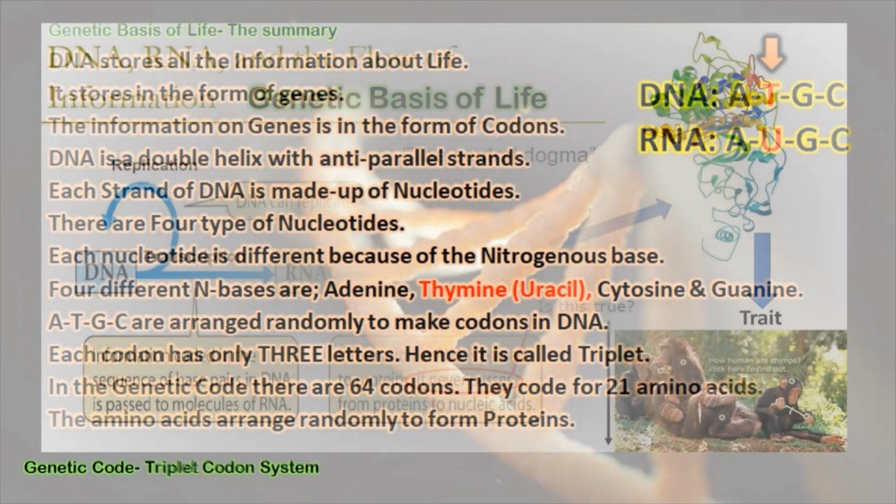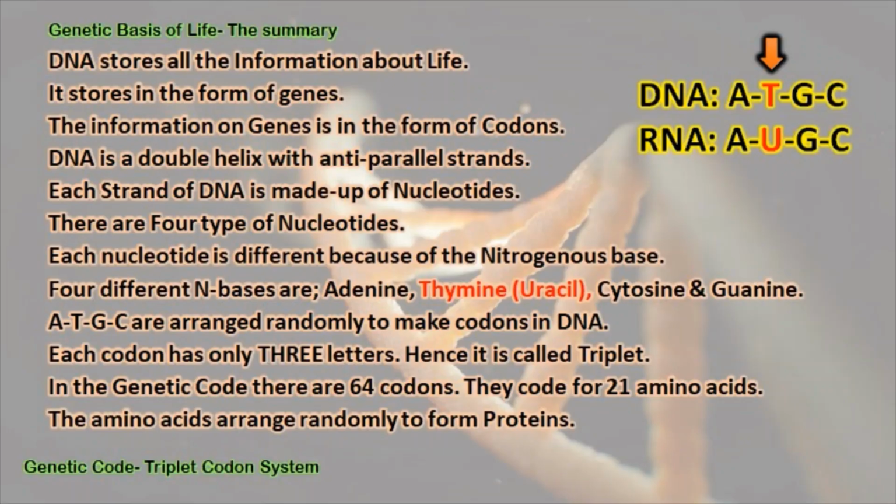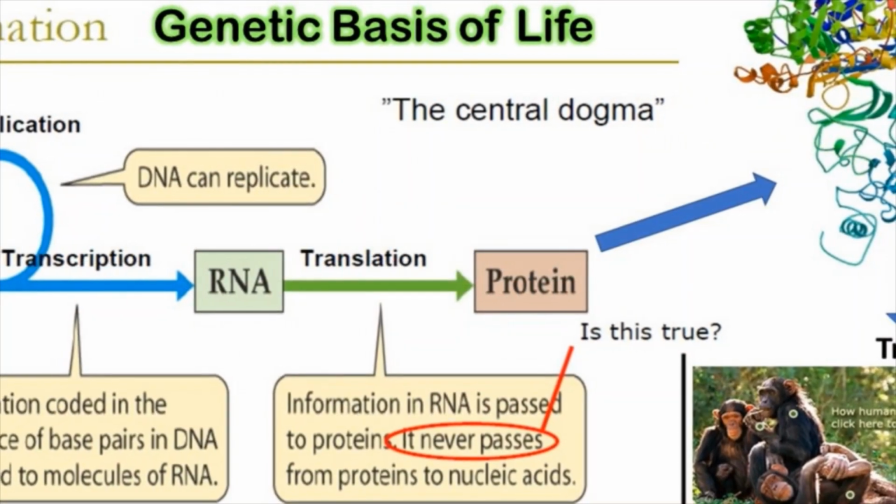There are only 4 letters in genetic code, that is UCAG in RNA. These 4 letters are used to construct 64 codons, and these 64 codons in turn code for amino acids. And these amino acids are arranged to make the proteins.